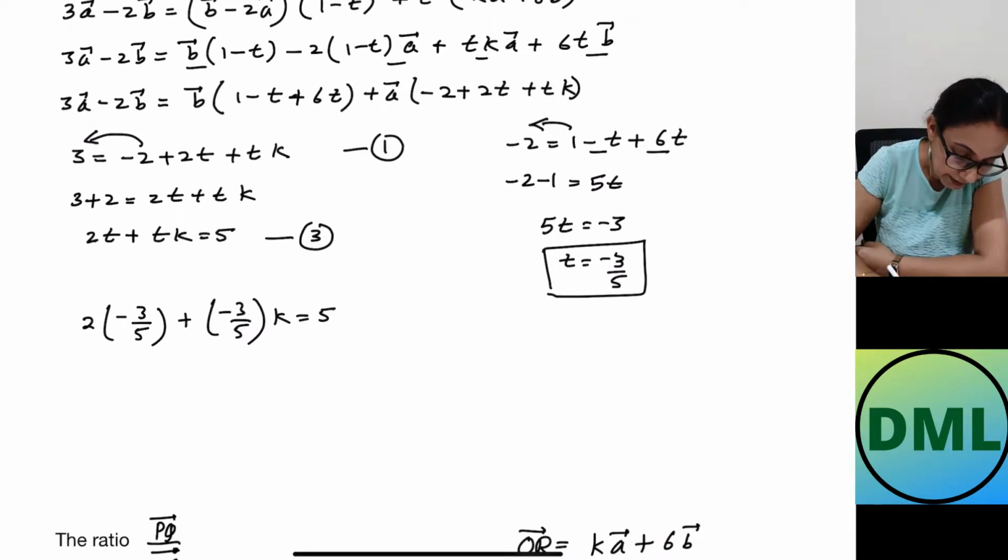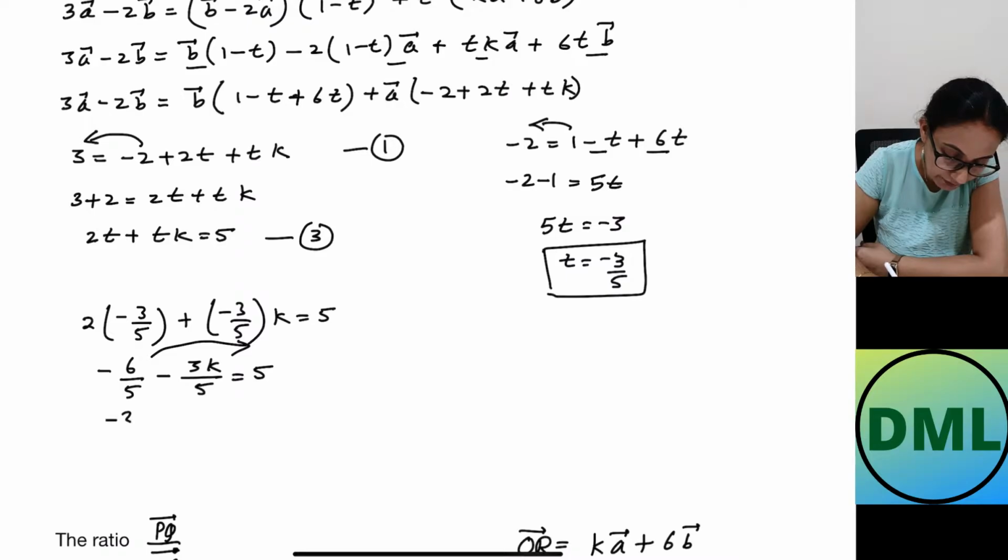So I will get minus 6 over 5 plus minus 3K over 5 is equal to 5. Now move this minus 6 over 5 to the right hand side. It will be minus 3K over 5 is equal to 5 plus 6 over 5. Let's take the LCM here.